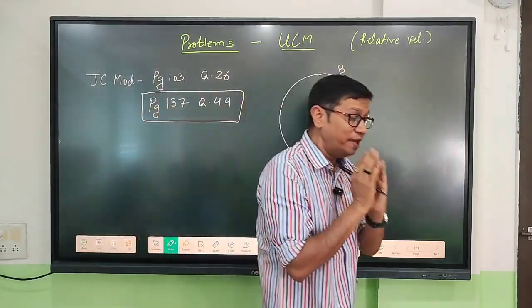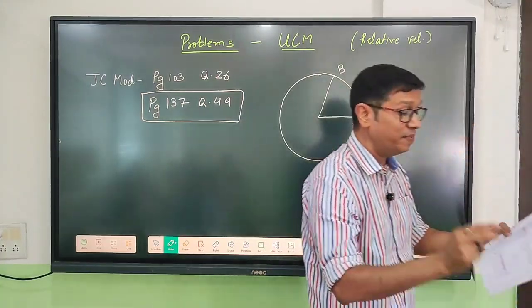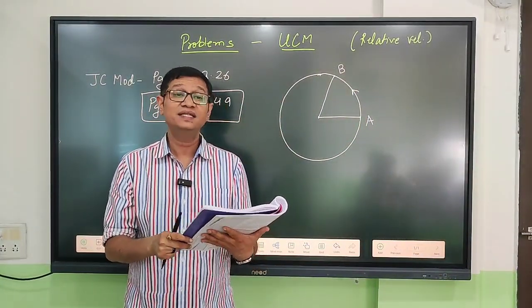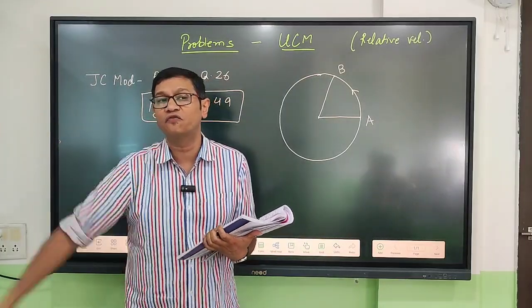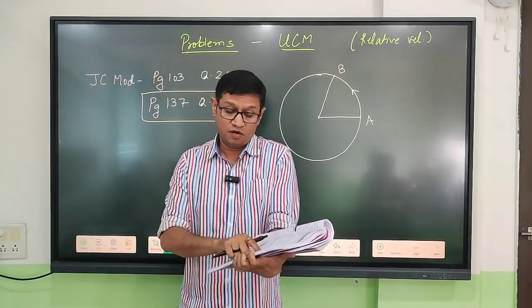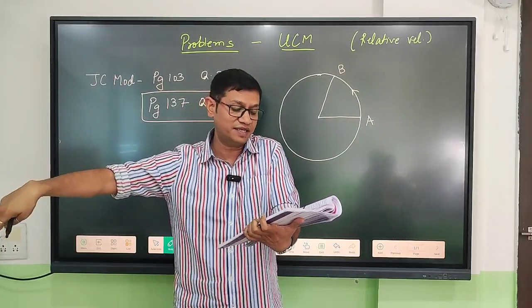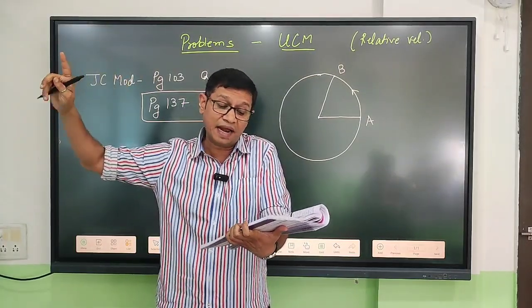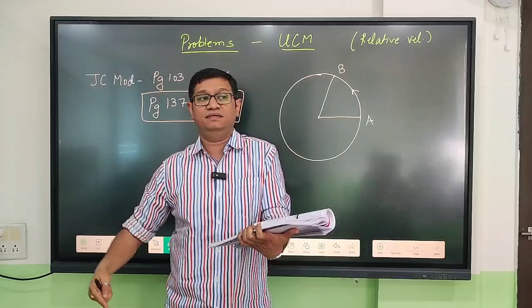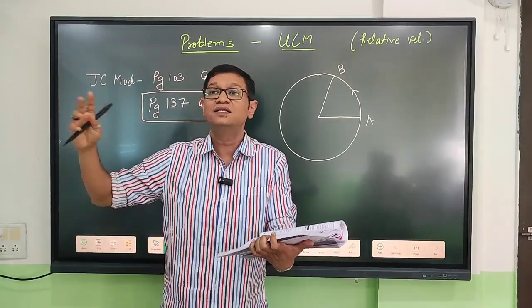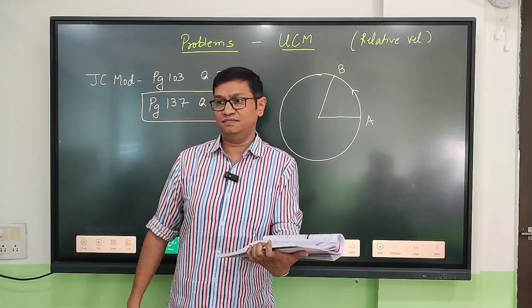Had the statement been like this, what is the change in magnitude of velocity? Not this statement, I'm just slightly twisting it. Currently it is saying what is the magnitude of the change in velocity. I am saying the question would have been what is the change in magnitude of velocity.